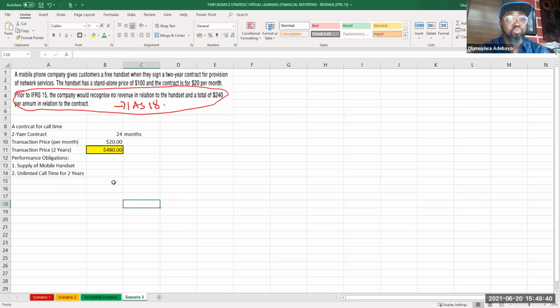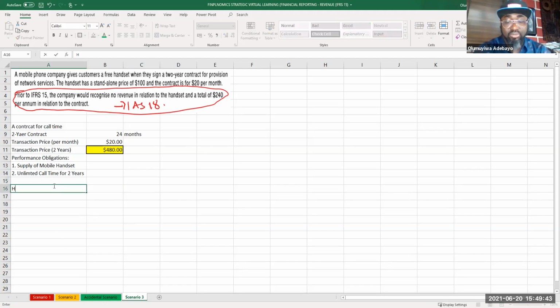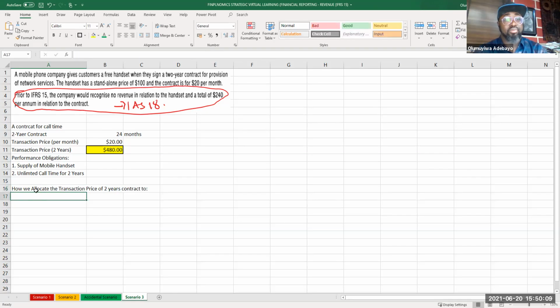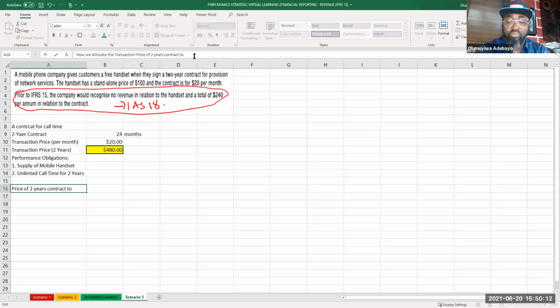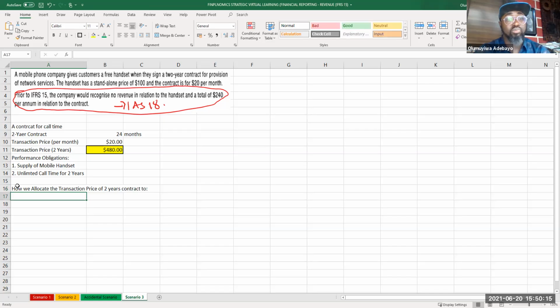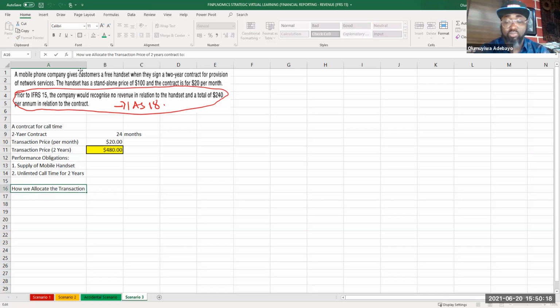Therefore, our concern is how do we allocate the transaction price of the 2-year contract to the performance obligations?